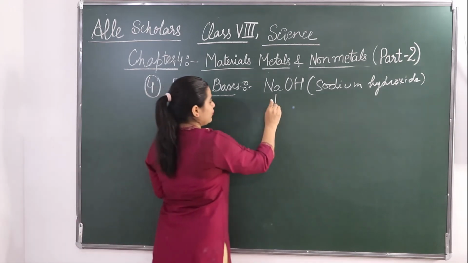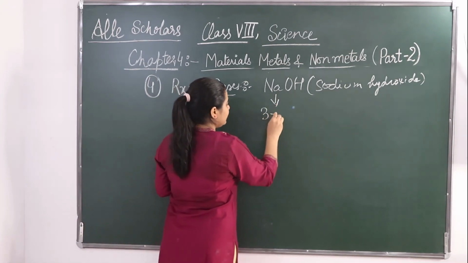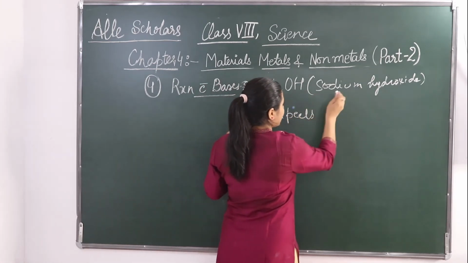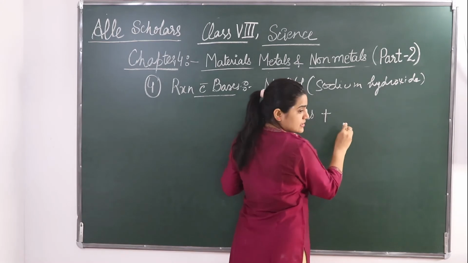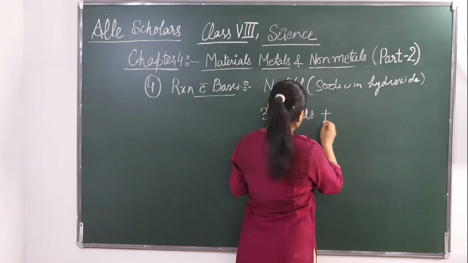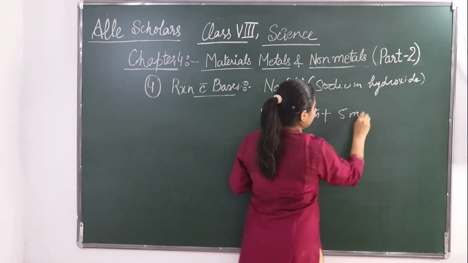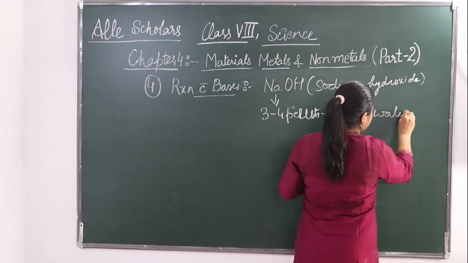So 3 to 4 pellets of sodium hydroxide plus 5 ml water.